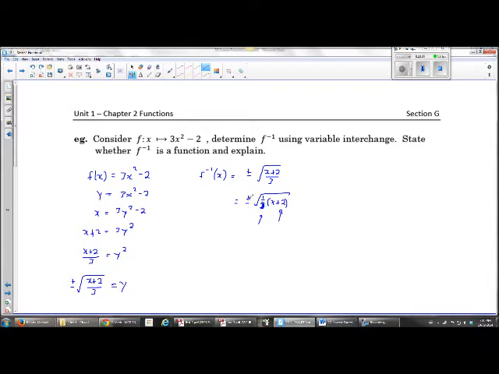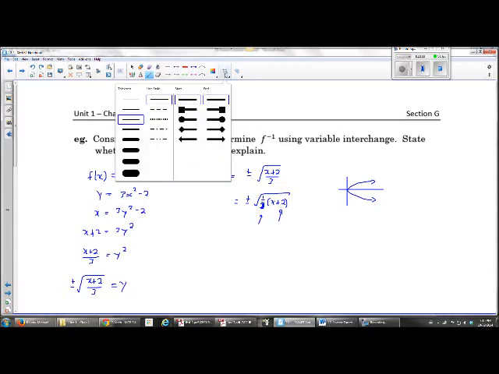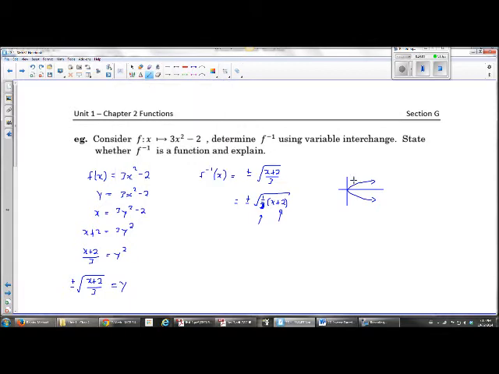We see that also if we were to use, I'll just draw a quick sketch here. The regular square root function looks like that. If we have a plus or minus, it looks like this. The fact that it's been stretched horizontally by 3 doesn't really matter, and the horizontal translation doesn't really matter either. The one thing that does matter is that we have some vertical lines that we can draw here.